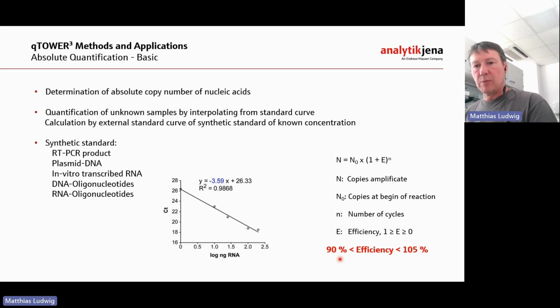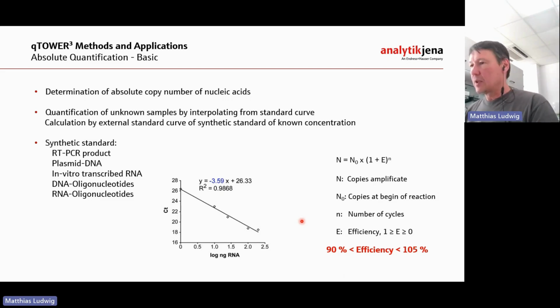Sometimes it's also acceptable to have an efficiency lower than 90%, but my recommendation is please look that it's not less than 85%. Then you have to know, maybe you have some inhibitors inside, or you have to change the concentration of your samples or your primers and so on.